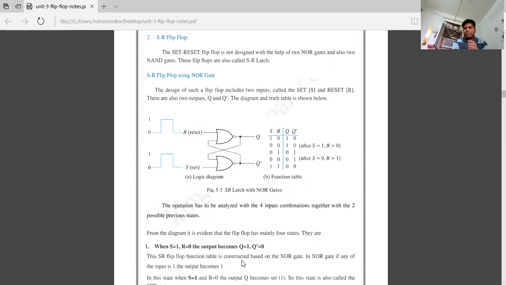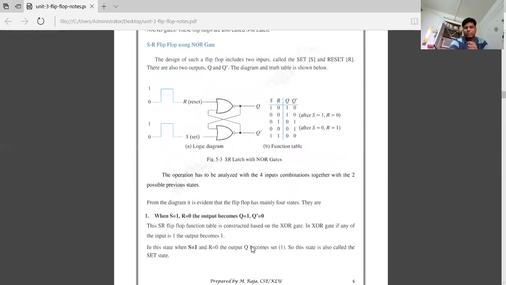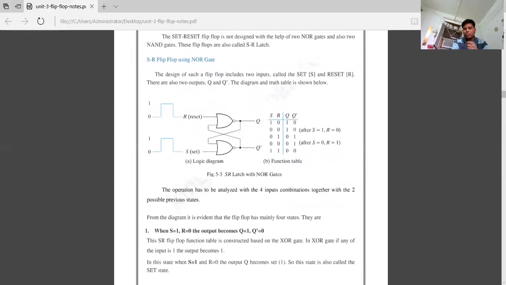This is because the function table is constructed from the NOR gate. In a NOR gate, if any input is 1, the output is 1. So in the state S 1 and R equal to 0, the output Q becomes set to 1, so this state is also called the set state.